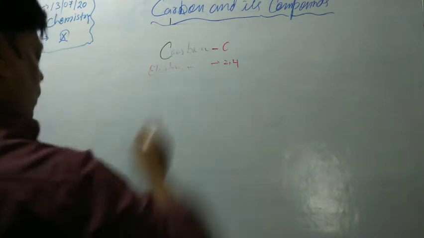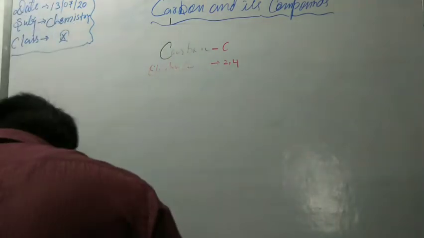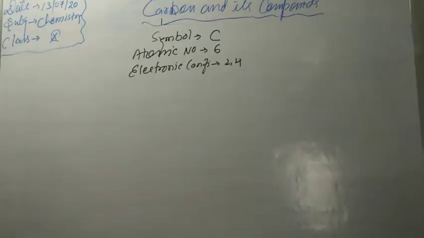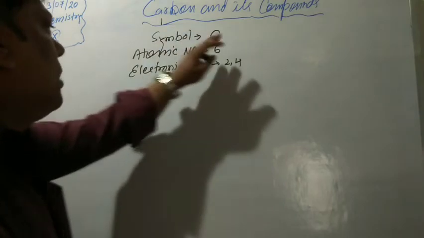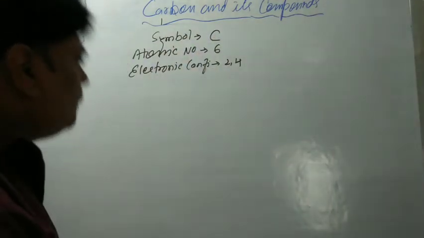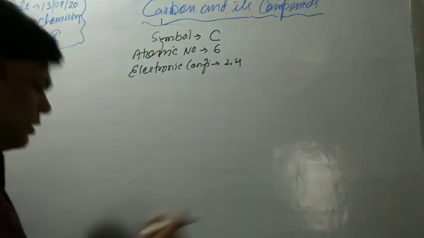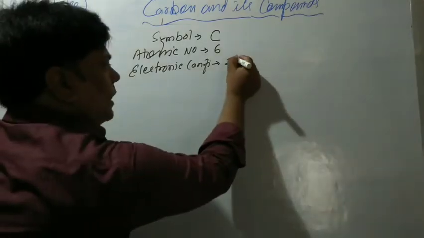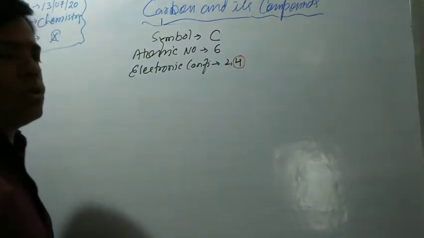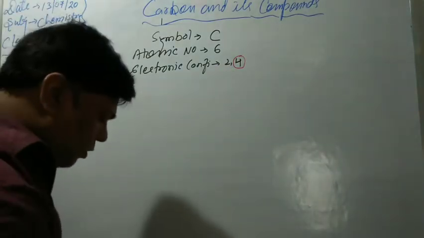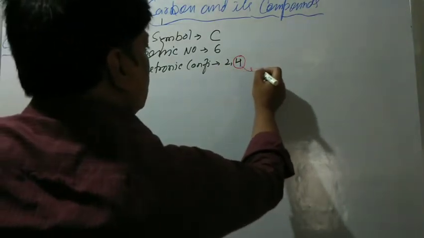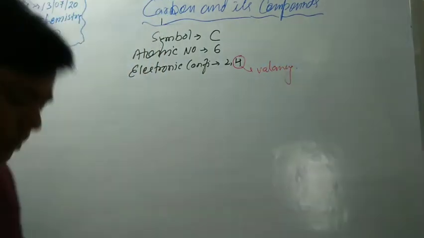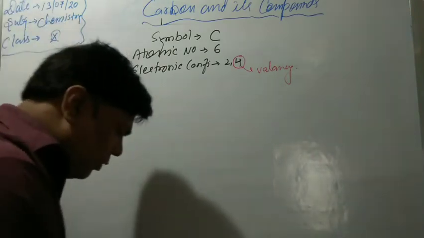There are 4 electrons in the outermost orbit, so its valency is 4.